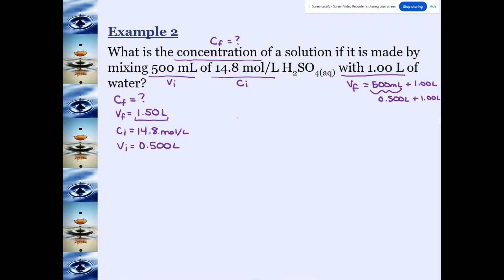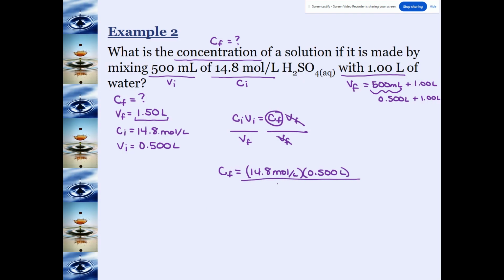Okay? So my formula, CiVi equals CfVf. I am solving for Cf, so I need to divide both sides by Vf. And so when I do that, I get Cf equals Ci, which is 14.8 moles per liter, times Vi, 0.500 liters, divided by my Vf, 1.50 liters.